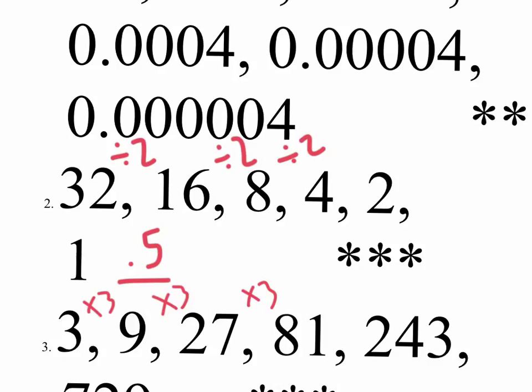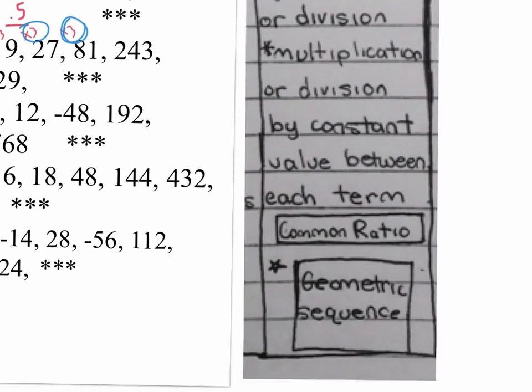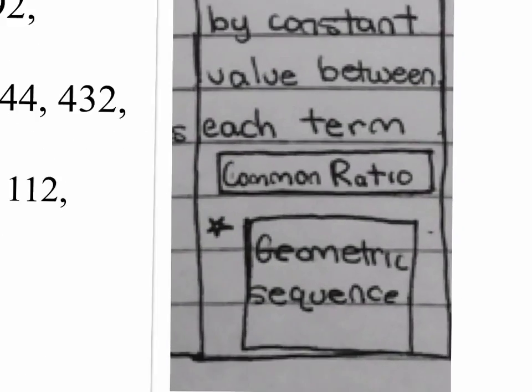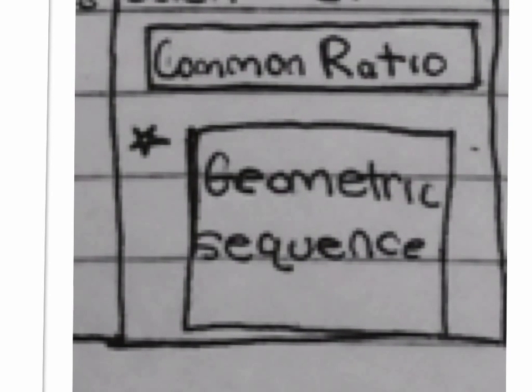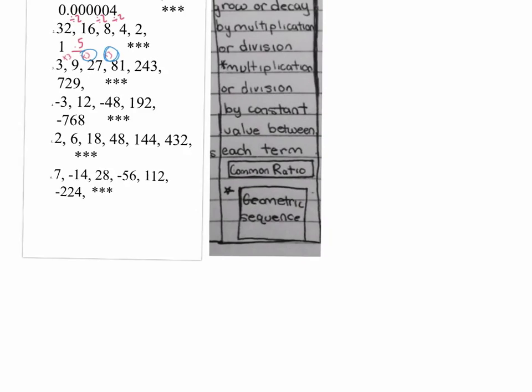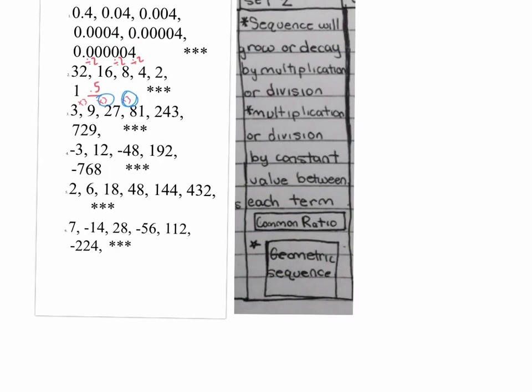The common ratio in sequence number 3 is multiplication by 3. So these are what we're going to be referring to as geometric sequences. Unlike arithmetic, these contain growth and decay by multiplication and division.